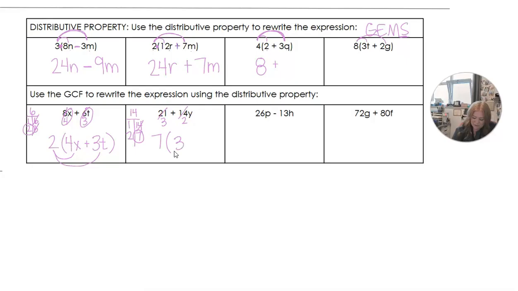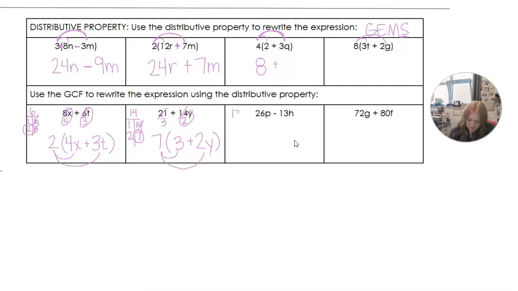So we're left with 3 plus 2y's. And then when we check, 7 times 3 is 21. And 7 times 2y's is 14y's.